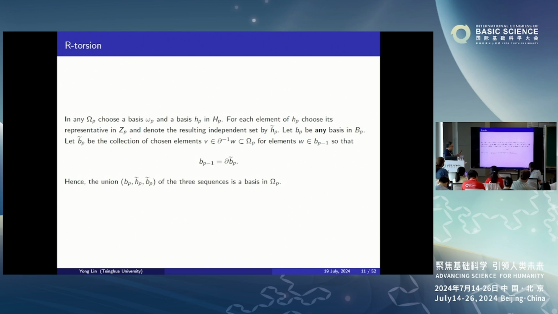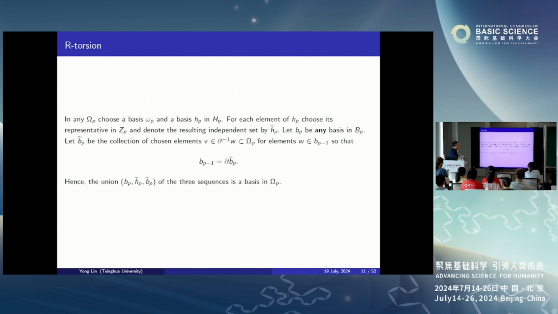Now we come to define the Reidemeister torsion. We choose a base of omega p, this little omega p, and a base HP in the homology group HP. We can choose the representative in the kernel by HP tilde. Also, BP is the base in the image BP, and BP tilde is the pre-image of BP.